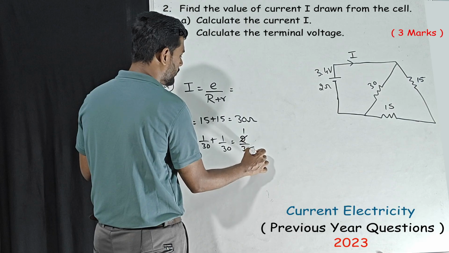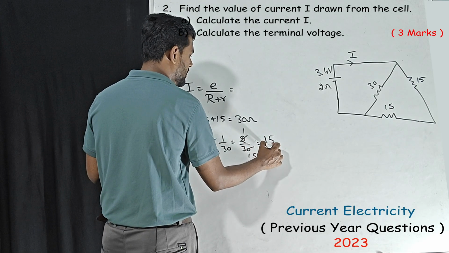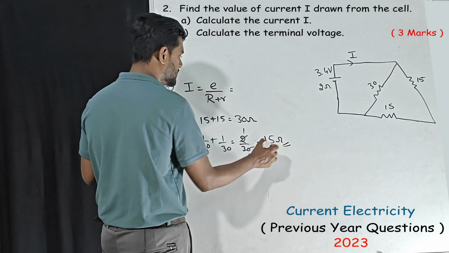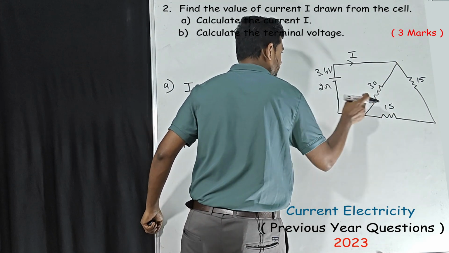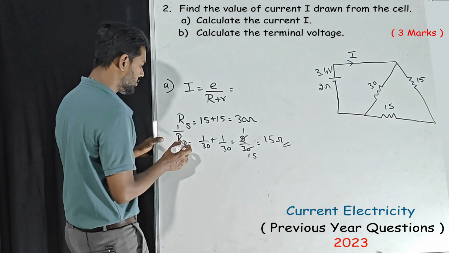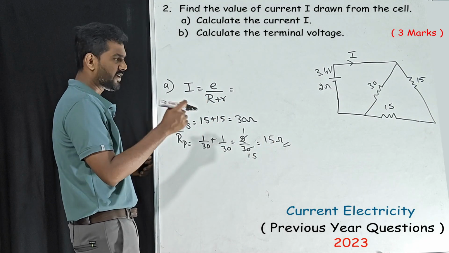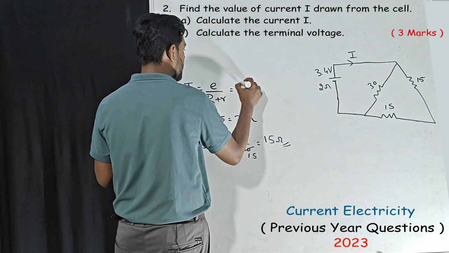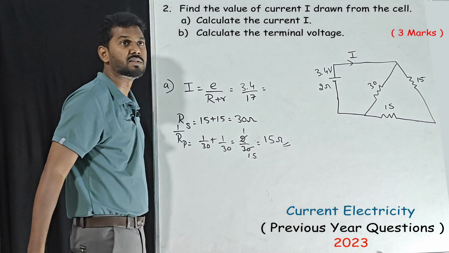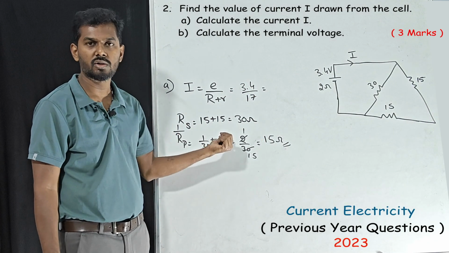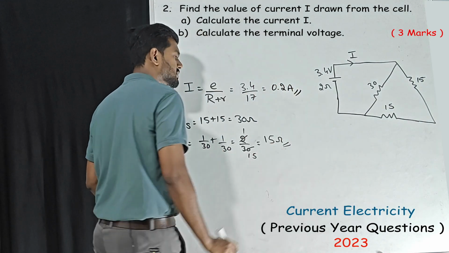Finally we take the reciprocal, 15 by 1, that is 15 ohms. So 15 ohms is the resistance of all the three, then plus 2, so R plus r value will be 17. E value is 3.4 and R plus r value is 17. Once we substitute, the answer will be 0.2 amperes.